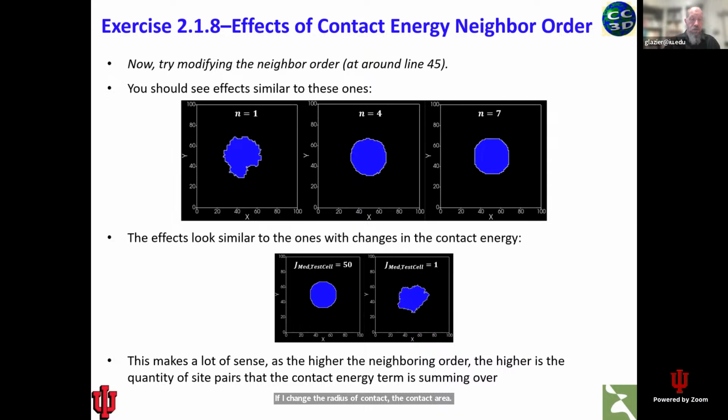If I change the interaction range for the same value of J, for 1, the effect of J is smaller than for 4 and then for 7. And so you'll see here the sort of stop sign where I have vertical line, vertical line, vertical line, 45-degree line. That means the fluctuations are too small relative to the energies.